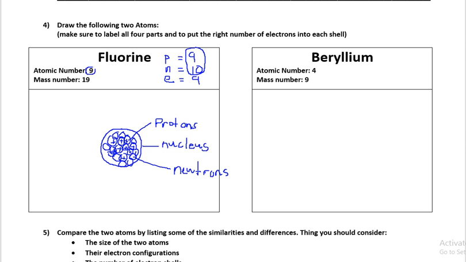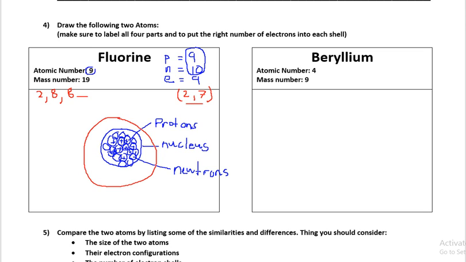Okay, alright, and now we're going to do the electrons around the outside. So we've got 9 electrons, and they get organized into shells. So you've got to remember that magic rule of we can fit 2 in the first shell, 8 in the next shell, 8 in the next shell, and then whatever we've got left. So if I look at this 9, we can actually split it up into 2 in the first shell, and 7 in the next shell. And if you look at that, you should realize this adds up to 9 in total.